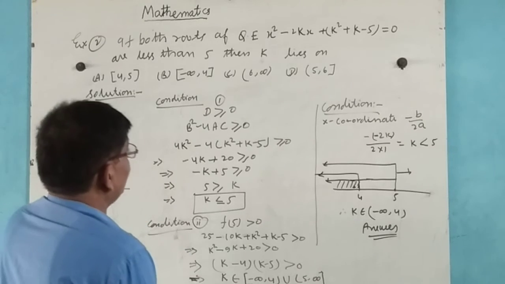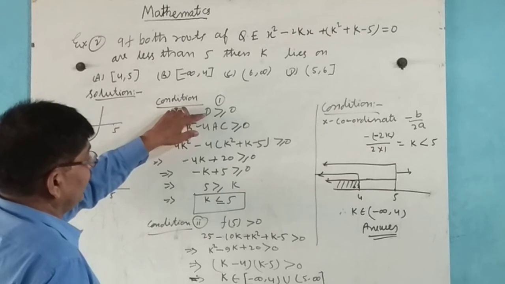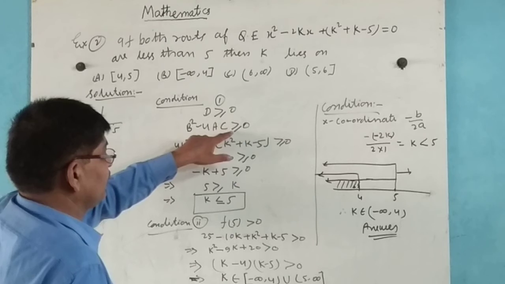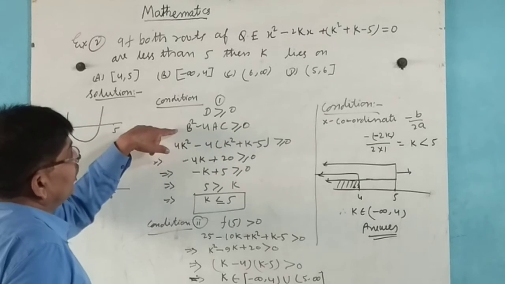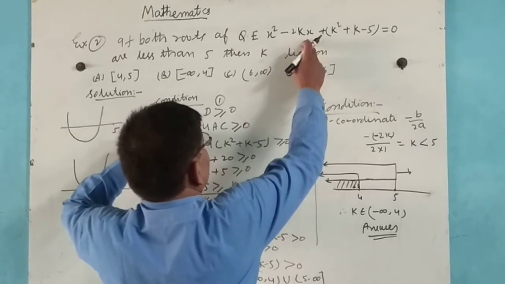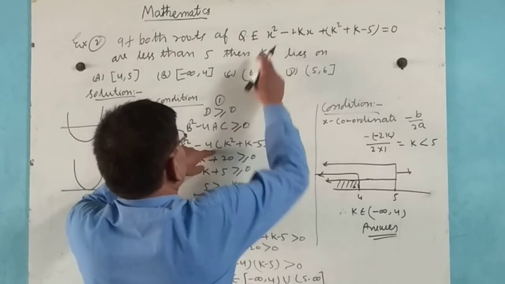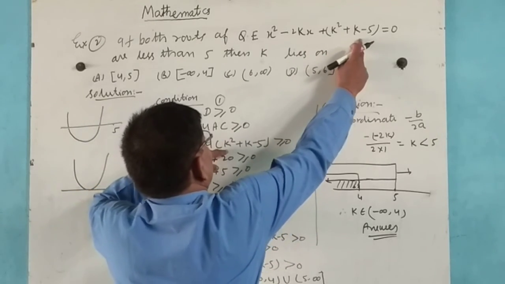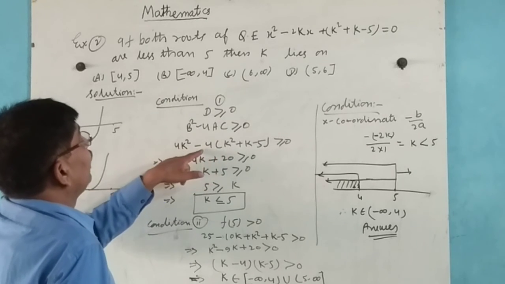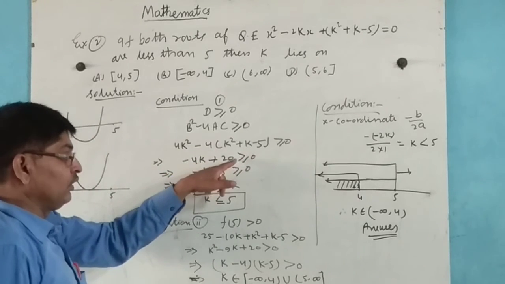Now we have three conditions. Condition first, d greater than or equal to 0, d means b square minus 4ac greater than or equal to 0, b is equal to the coefficient of x, that is minus 2k, 4k square minus 4, a equal to 1, c equal to k square plus k minus 5, and this and this cancel, and that is minus 4k plus 20 greater than or equal to 0.